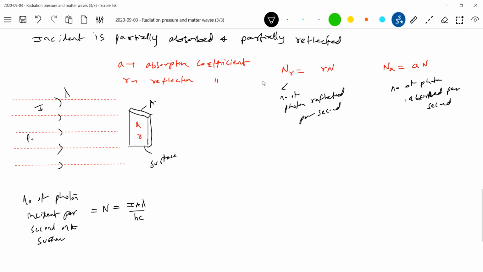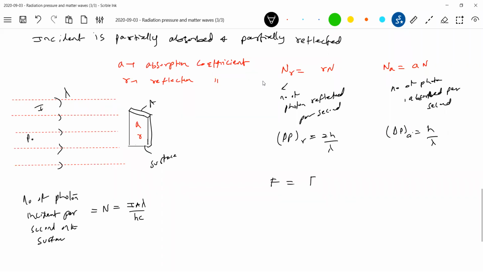What is the change in momentum due to reflection? 2h by lambda. Due to absorption, what is the change in momentum? h by lambda. So what is the total force now?